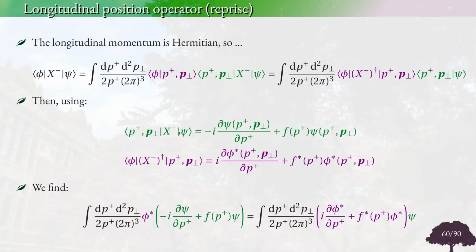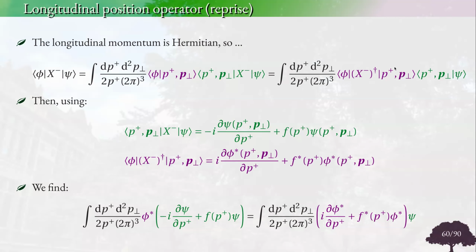Then using the momentum representation, we're assuming that we get a derivative plus an f of p plus term. Well, the green term on the left is going to give you minus i times a derivative of phi.